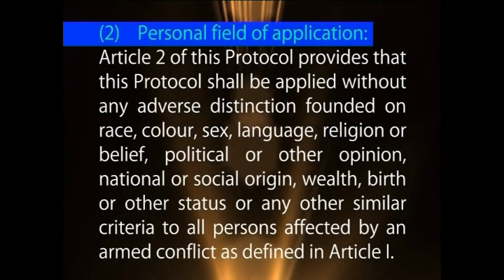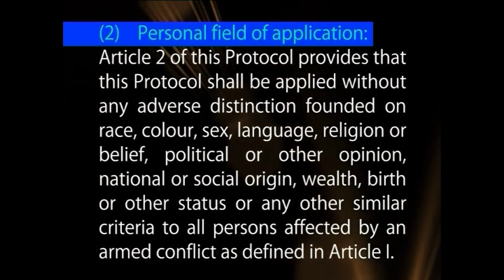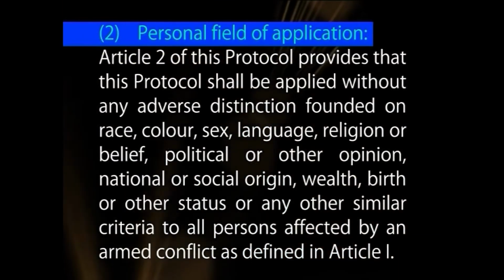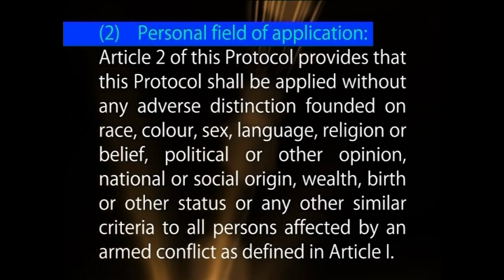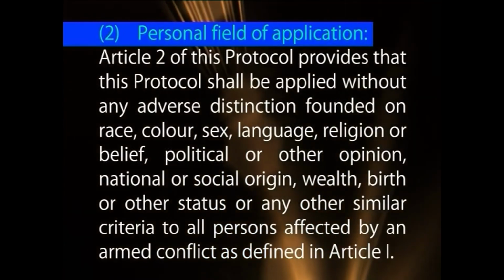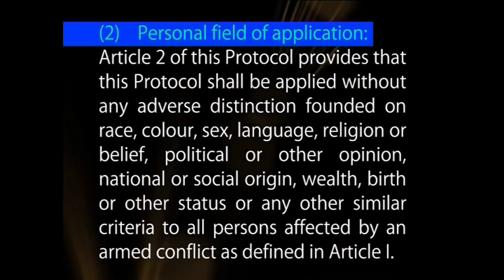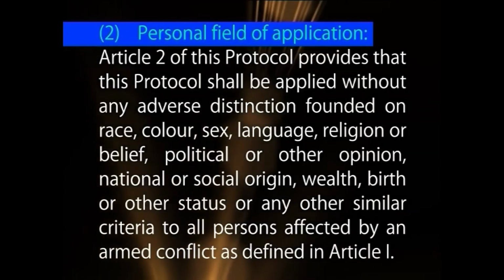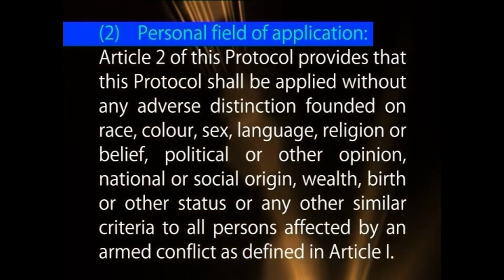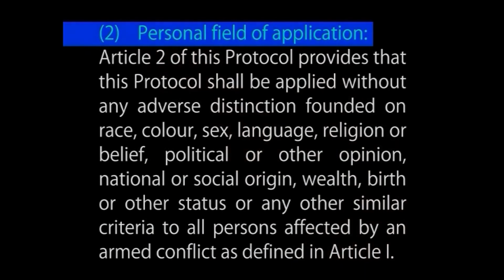Number 2. Personnel field of application. Article 2 of this protocol provides that this protocol shall be applied without any adverse distinction founded on race, color, sex, language, religion or belief, political or other opinion, national or social origin, wealth, birth or other status, or any other similar criteria to all persons affected by an armed conflict as defined in Article 1.